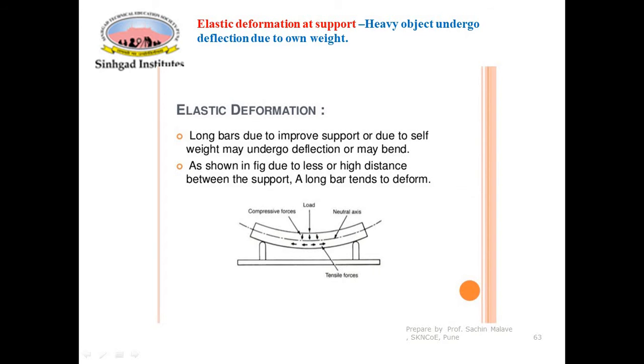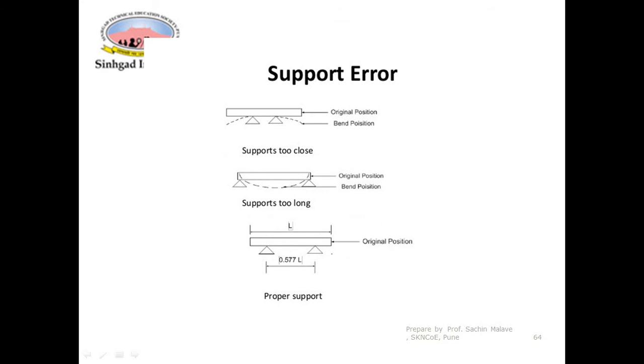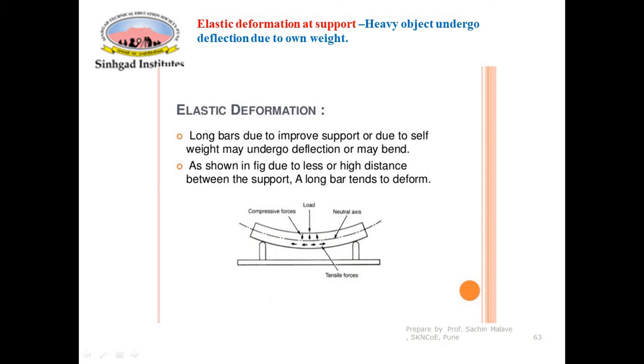Then the next error is called a placement error, or it is also called elastic deformation. Okay, so as you can see, elastic deformation mainly occurs when a heavy object is supported as shown in the following figure. So this is one figure and this is another figure. We will see both the figures.